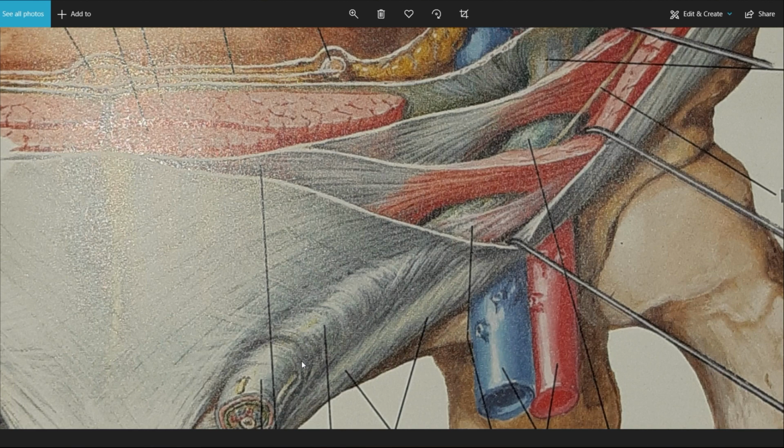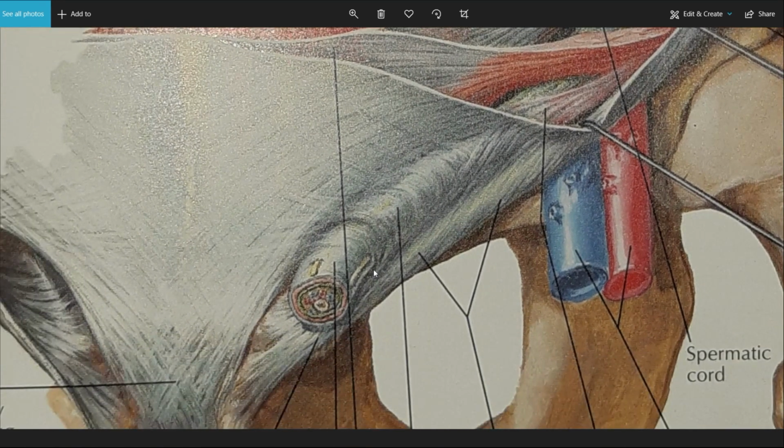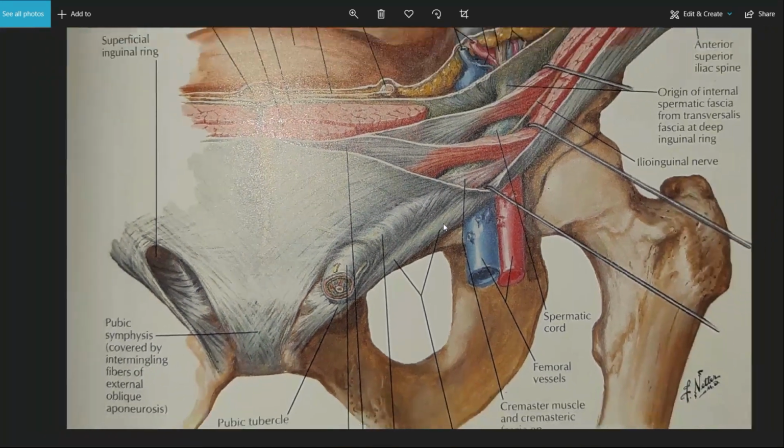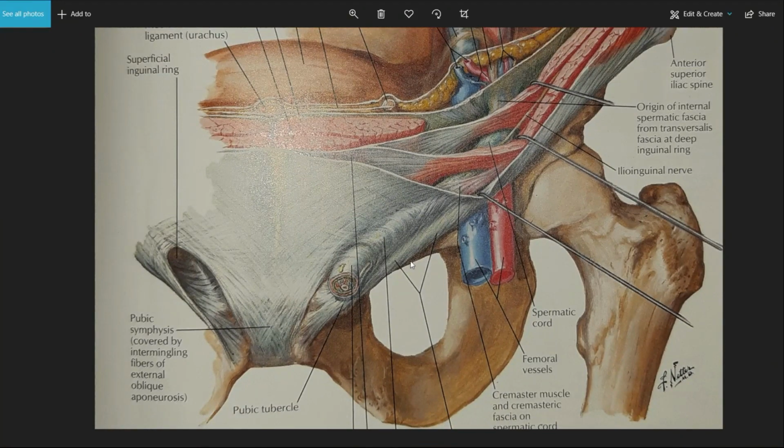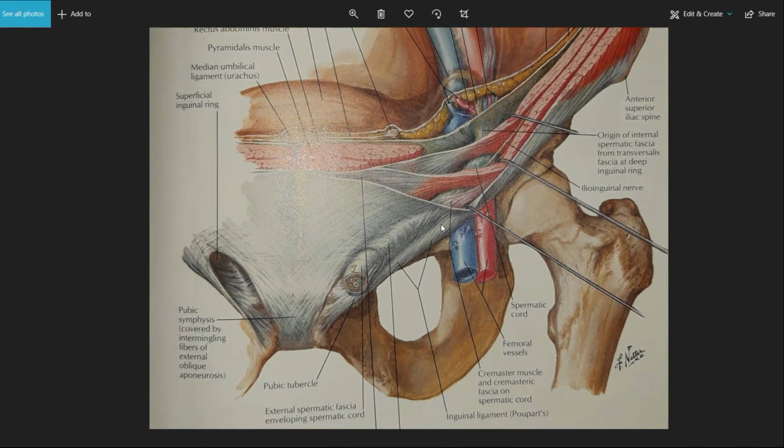These are the two crura, right? And these are the intercrural fibers. This over here, do you see? This is the inguinal ligament. Okay, this is the inguinal ligament.